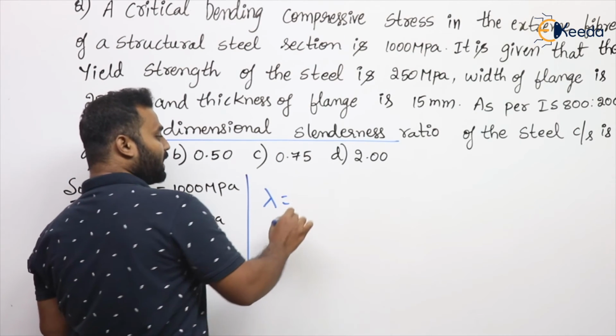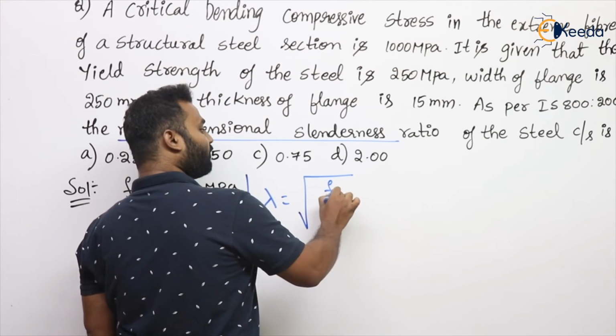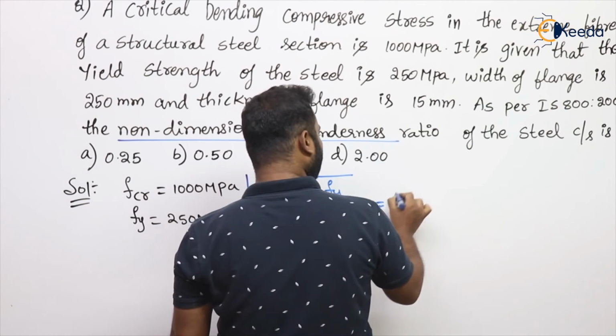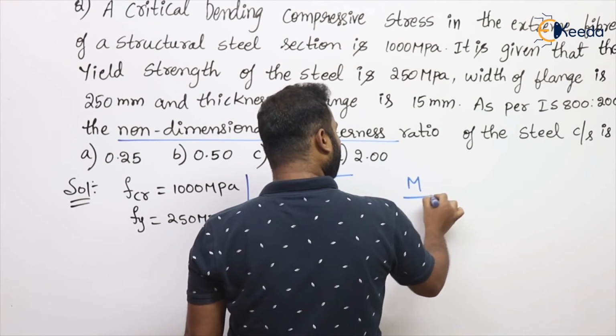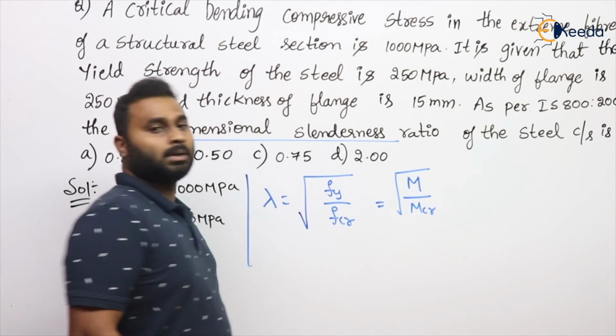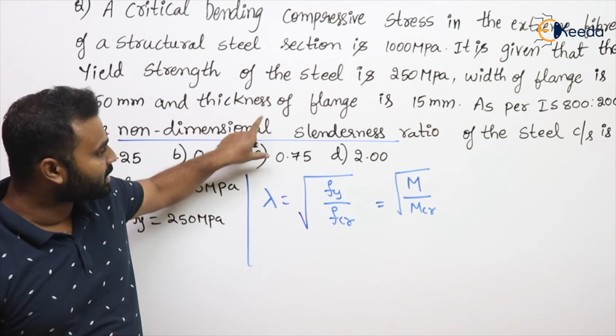The formula for the non-dimensional slenderness ratio is under root Fy by FCR, or this can also be represented as under root M by MCR. Is that clear? These are the formulas mentioned in the code.